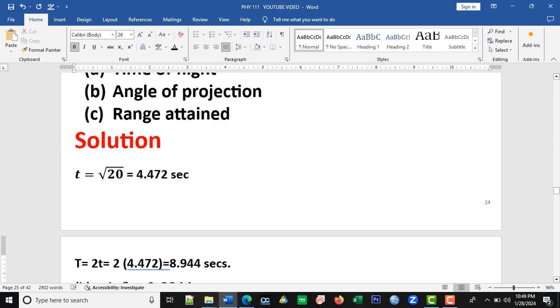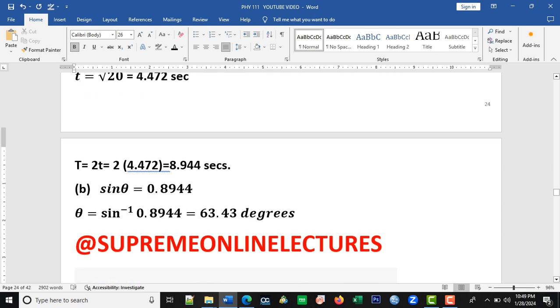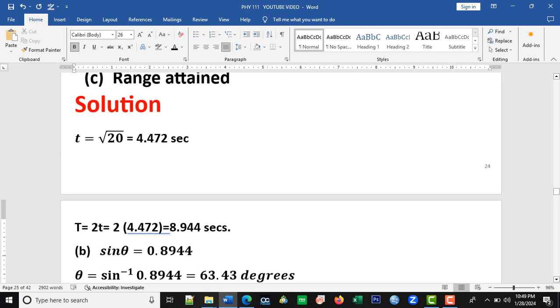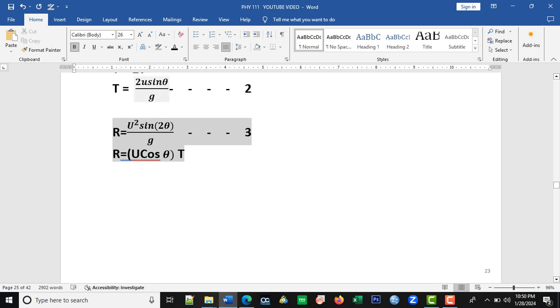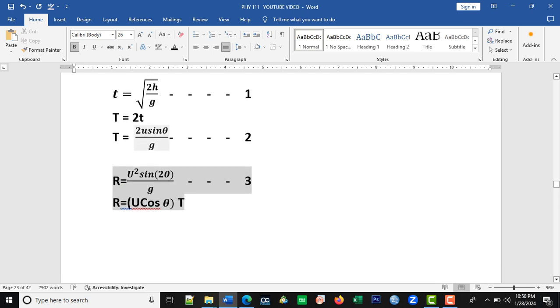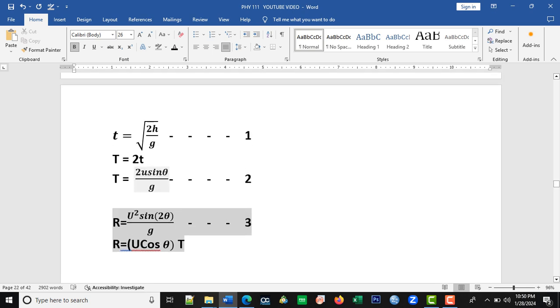The next one is the range. The formula for range, C. Whichever expression here would still give me the correct answer. The U here represents the value for initial velocity, this here is theta, and this one is time of flight.